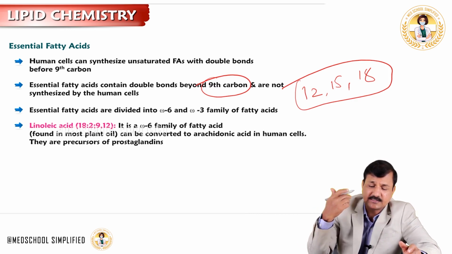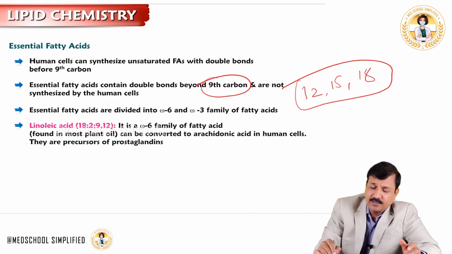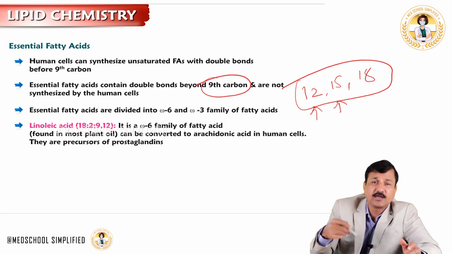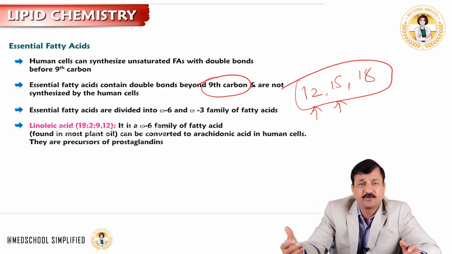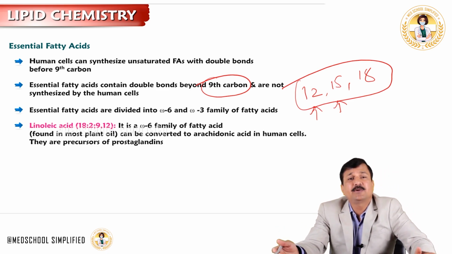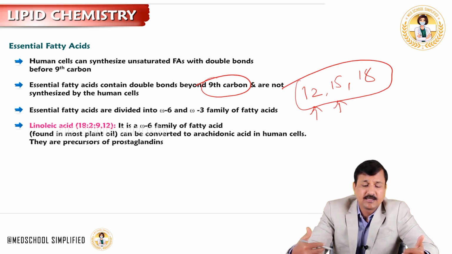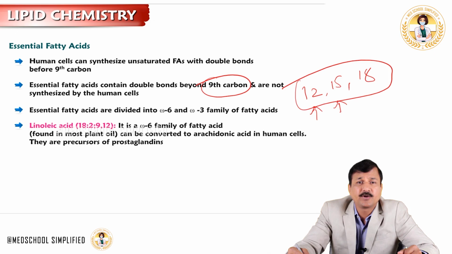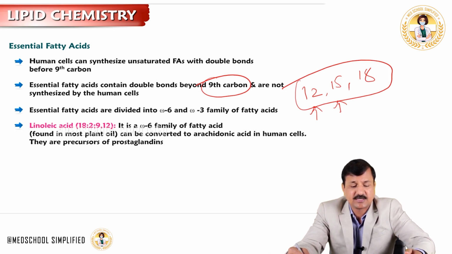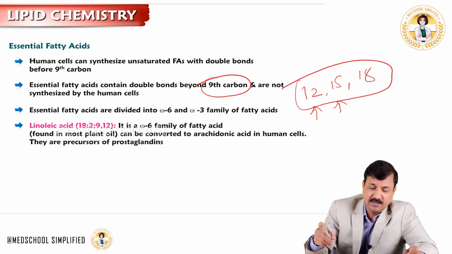So any necessary fatty acid which contains a double bond beyond the 9th carbon, like 12, 15 or 18, we simply cannot synthesize in our body. We have to take them in the diet. That means they become an essential requirement in our diet. That type of fatty acid is referred to as an essential fatty acid.